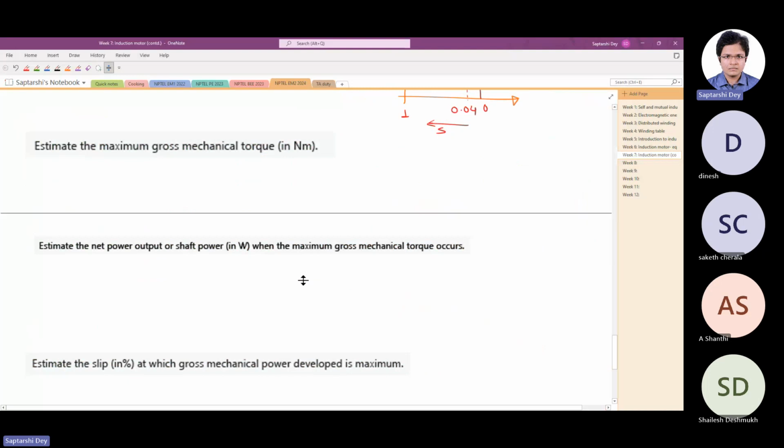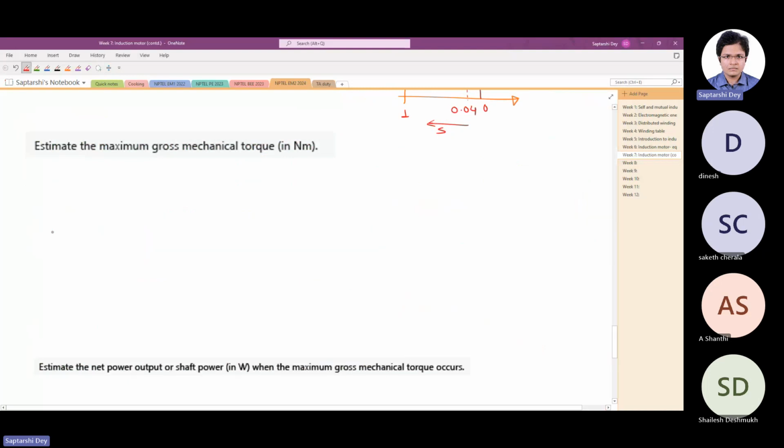Let us quickly draw the equivalent circuit when the maximum gross mechanical torque occurs, that is, in terms of S equals 4%. When S equals 4%, what is the equivalent circuit?